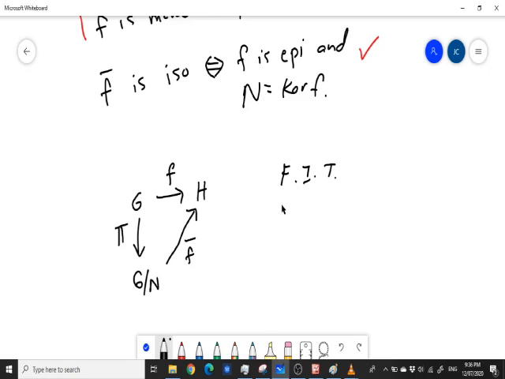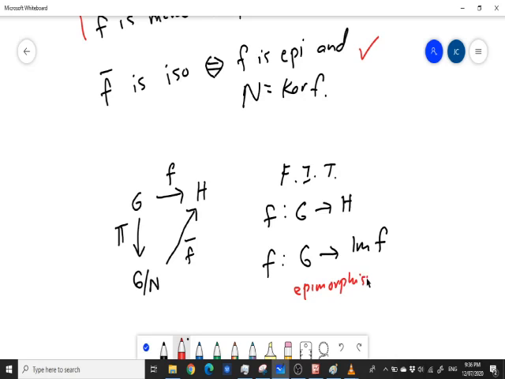Basically, we are given a homomorphism from G to H. We can restrict this homomorphism from G to its image, and this restriction is surjective. It's an epimorphism, right?